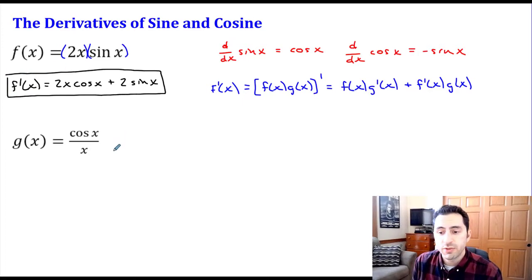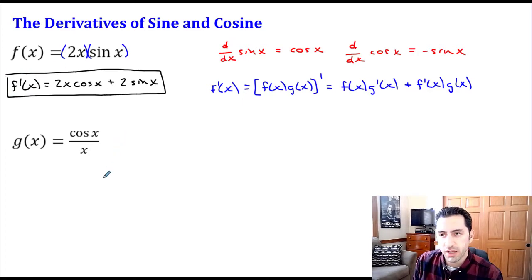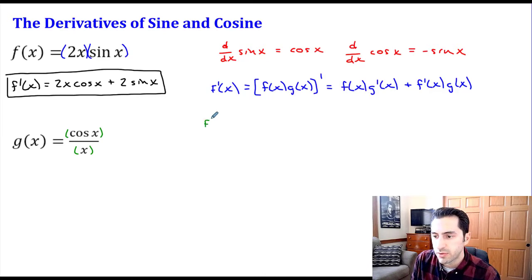All right, moving on to our second example, g of x. In this case, I have the quotient of two parts. So I have the cosine of x divided by x. So in this problem, we're going to need to use the quotient rule for derivatives. So again, let's write that down so we remember.